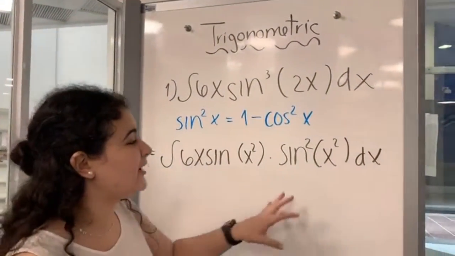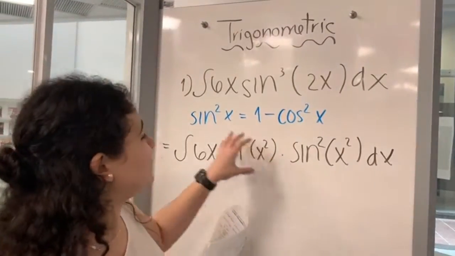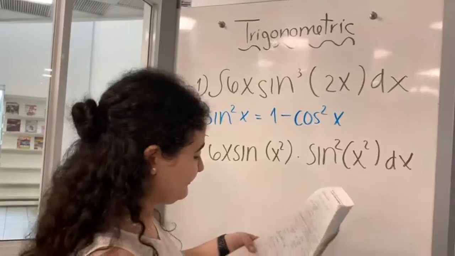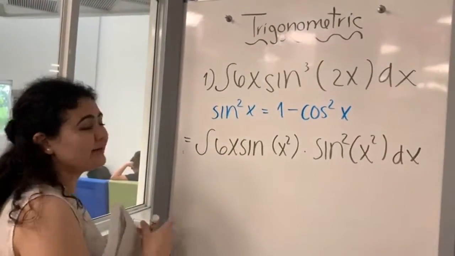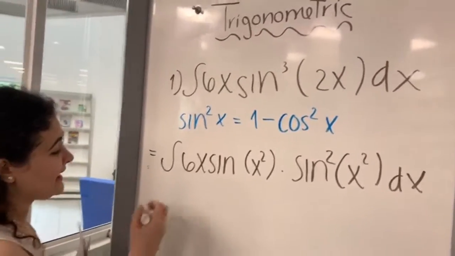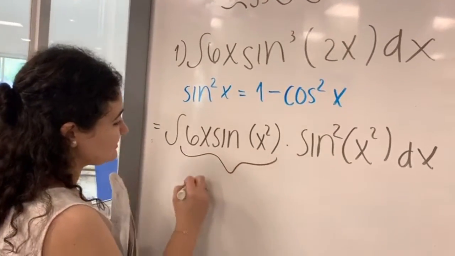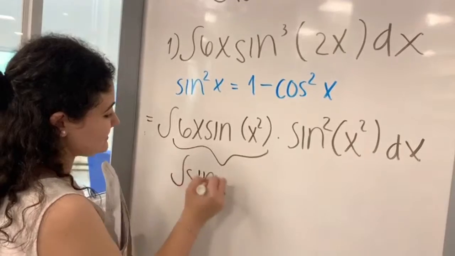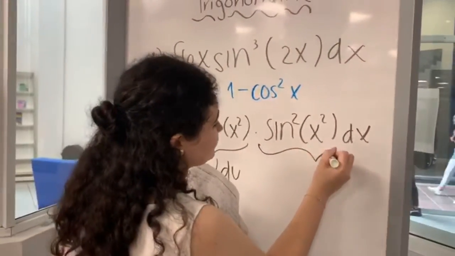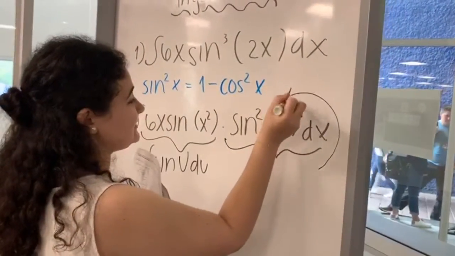Okay, now you can already see somewhat of a resemblance to our identity, so we can begin to solve the problem. So we already know from our previous experience that this is a type sine u du. And this will be solved using our identity.